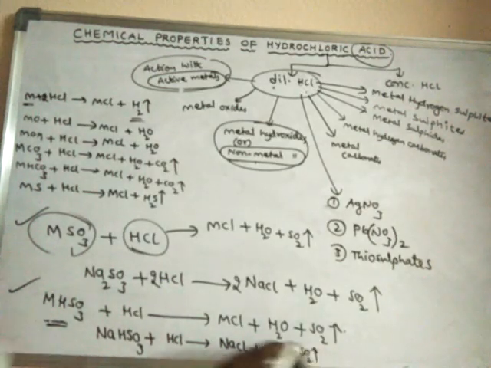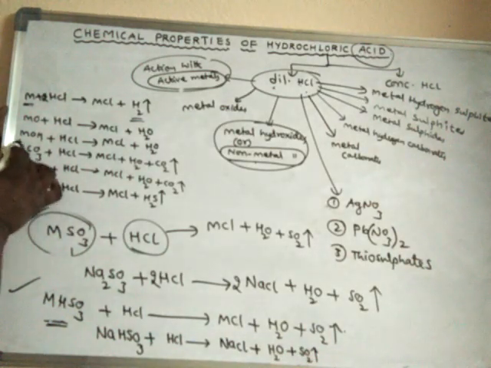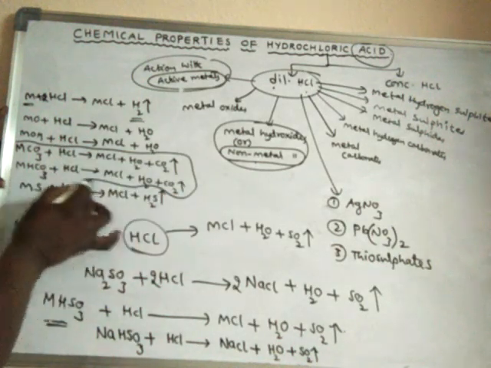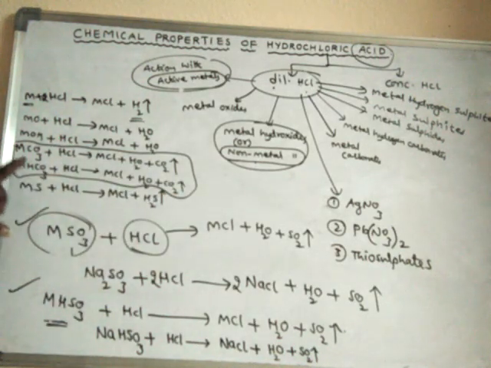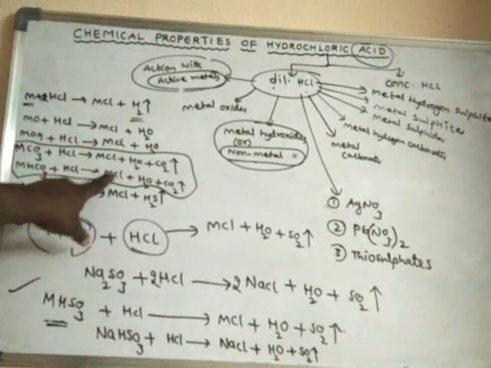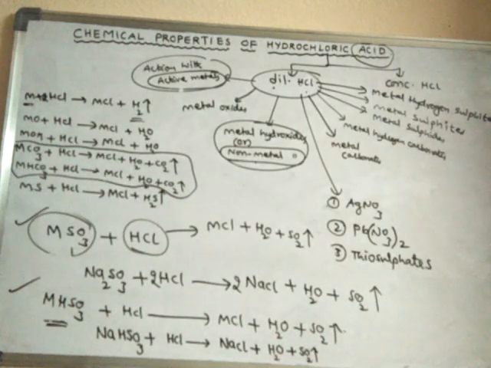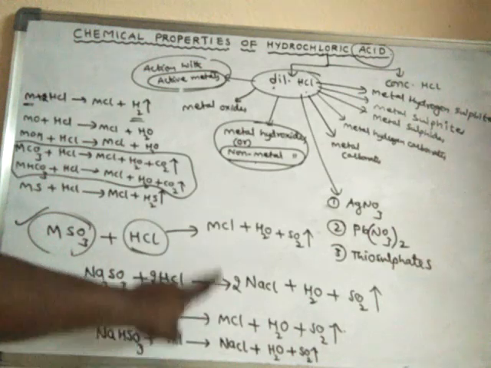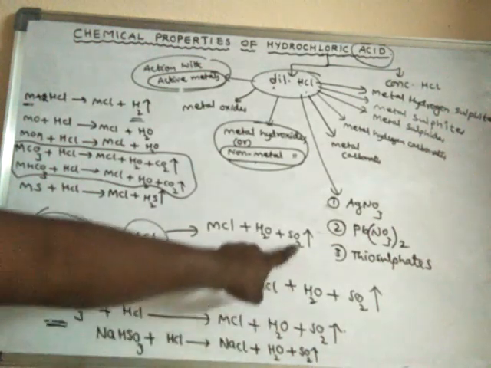Sulfur dioxide gas is released in this process. See, if you compare metal carbonates and metal bicarbonates, they are producing the same products. And here also metal sulfites and metal bisulfites, when they react with HCl, produce the same products.